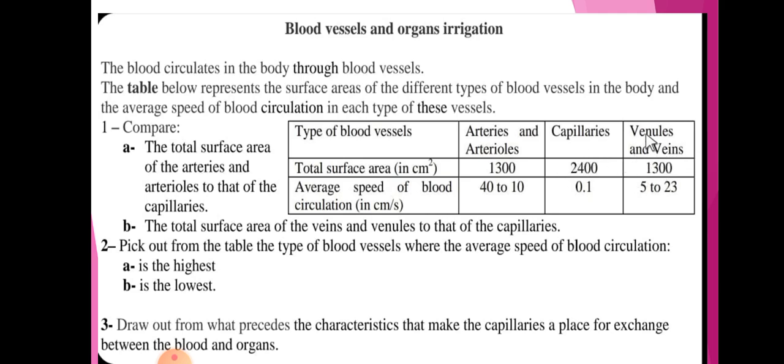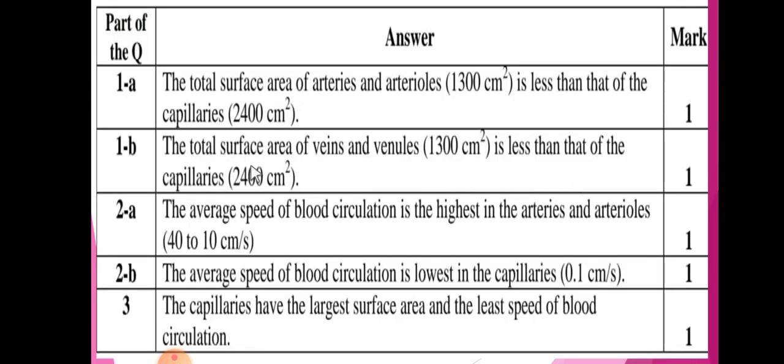So I have to say the total surface area of the veins and the venule is 1300 centimeter cube, less than that in the capillaries, which is 2400 centimeter cube.